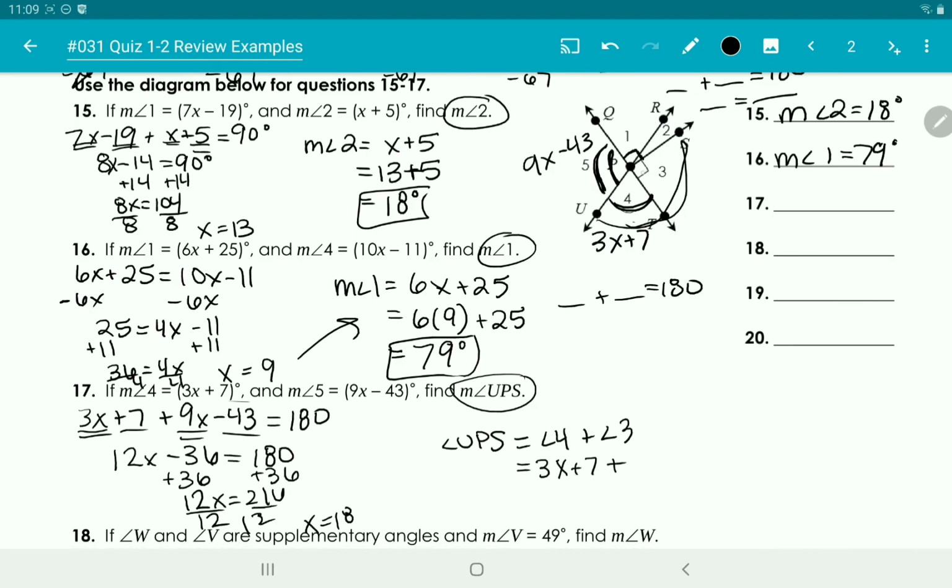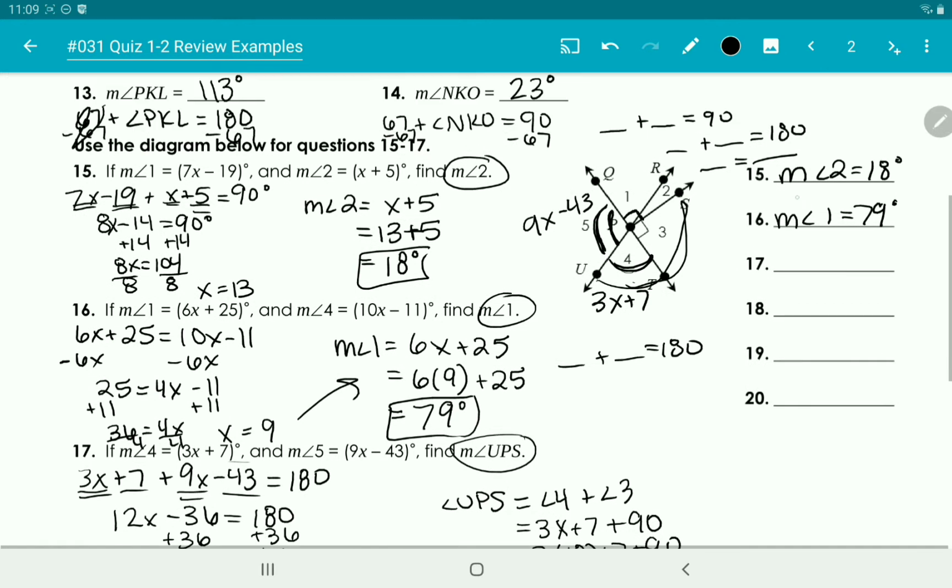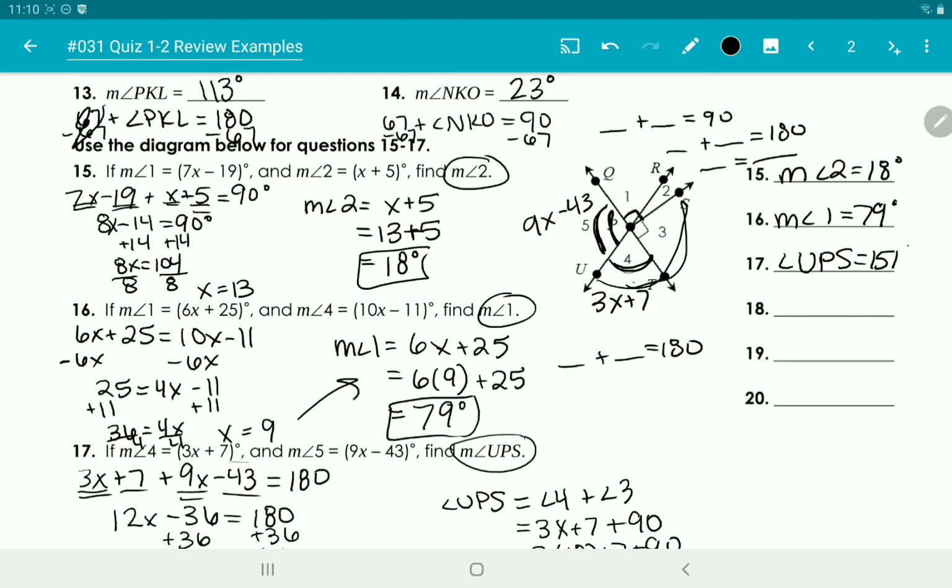And angle 3 we have here is a right angle, so it's going to be 90 degrees. We know that x is 18. So 3 times 18 plus 7 plus 90. We just substituted 18 in for x. If we type that in a calculator, that's going to give us 151 degrees. So for number 17, you can go ahead and write angle UPS is 151 degrees.